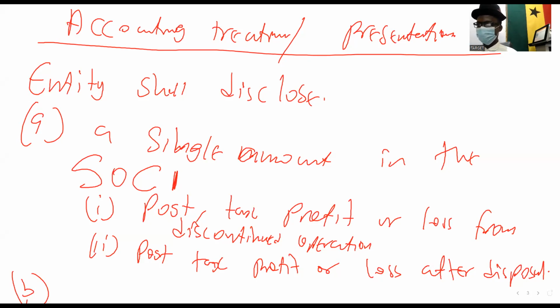On the balance sheet, what do you do? On the balance sheet, you present it, that is, if you have not disposed of it, under the non-current asset.